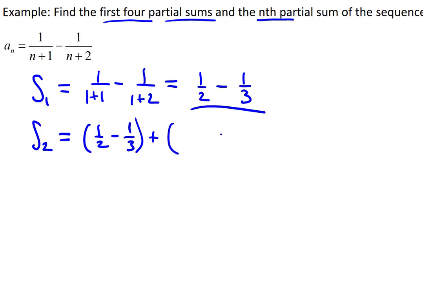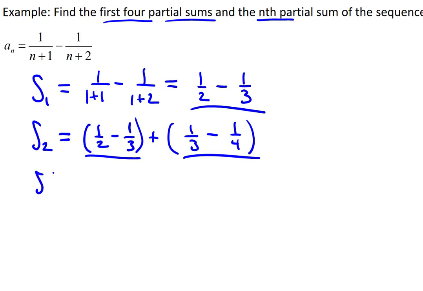Now we'll put this one in parentheses as well. The second term would be when n is 2, so I can take my definition above for a sub n and plug in n as 2, that would be 1/3 minus 1/4. Okay, so now I'm adding the first term and the second term together. That's for the second partial sum.